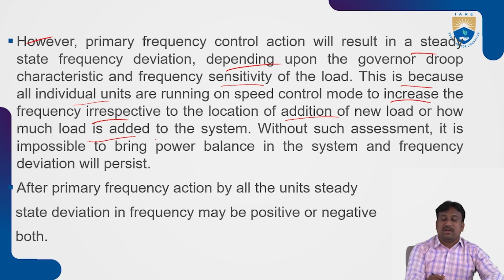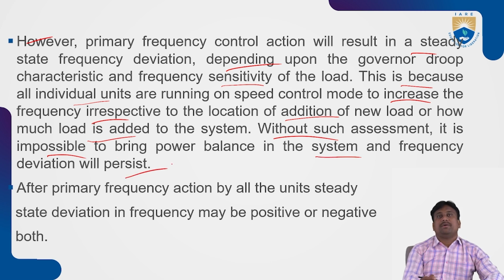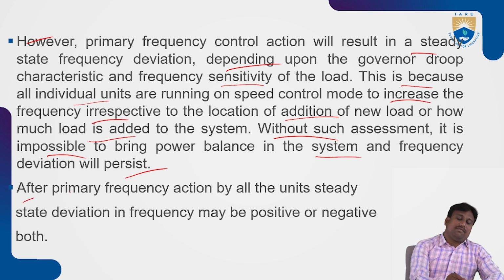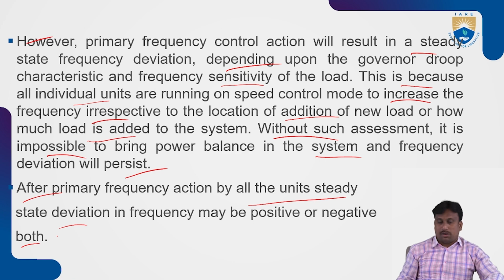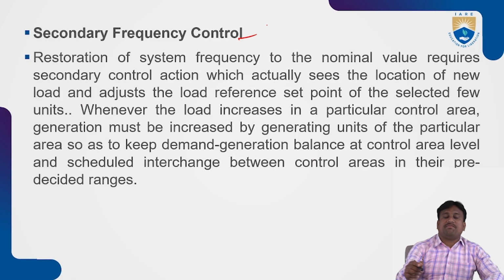That is going to be evaluated. Without such assessment, it is impossible to bring power balance. That means in the system, the frequency deviation will persist. So this usually happens. After primary frequency action by all the units, under steady state deviation conditions, the frequency deviation may be positive or negative, or it may be both.